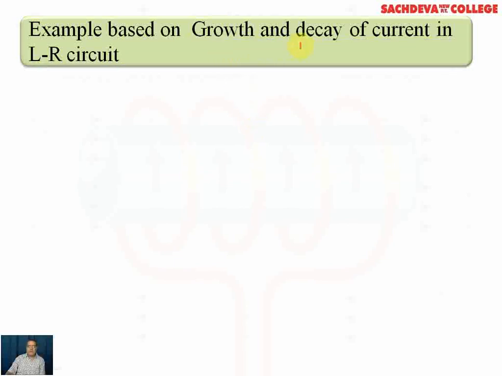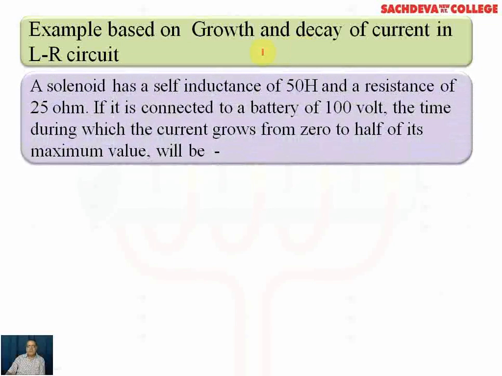In these examples, you will remember that wherever we have to estimate the transient time, it should always be L by R, and the calculations of the voltage or current will be done using the exponential equation. Now our question is that there is a solenoid and the self-inductance of the coil is 50 Henry.